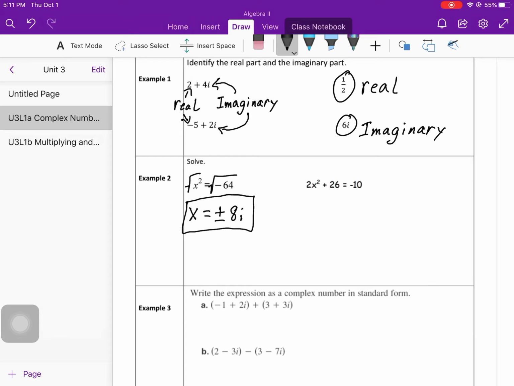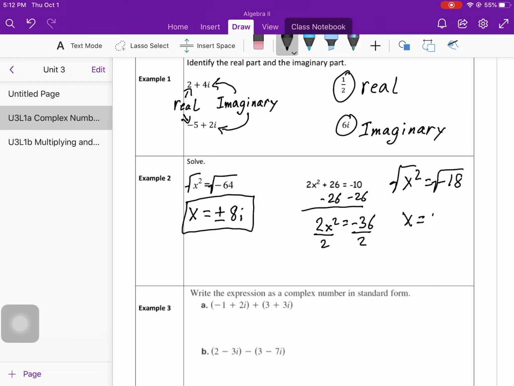Then on the other side here with this one, our goal is to isolate the x squared. So I'm going to subtract 26 from both sides. You get 2x squared equals -36. Divide by 2. I'm going to write it up here. x squared equals -18. And just like with that last one, we've got to take the square root of both sides.